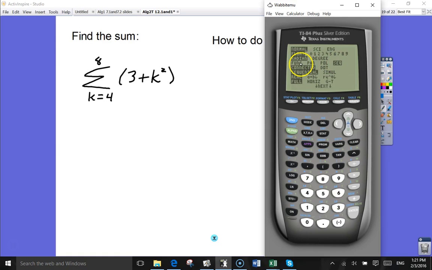Usually it's in the first column, FUNC for function. So you can set it to sequence by moving the cursor over sequence and hitting enter. Then when you go to the main screen and hit the button we usually hit to get an X, you get an N instead. In fact, go to the Y equals and see what that looks like with the mode for sequence. It's not the same anymore, right?